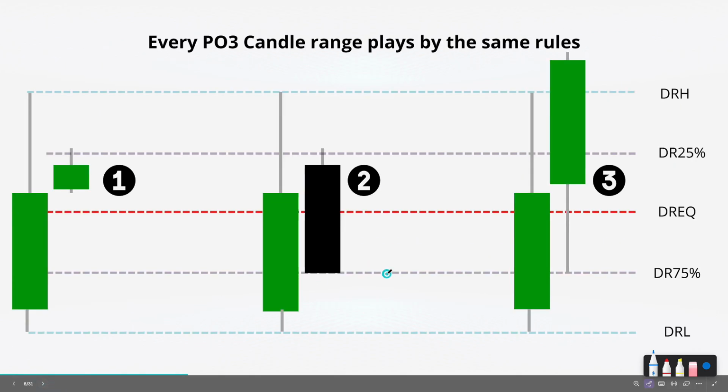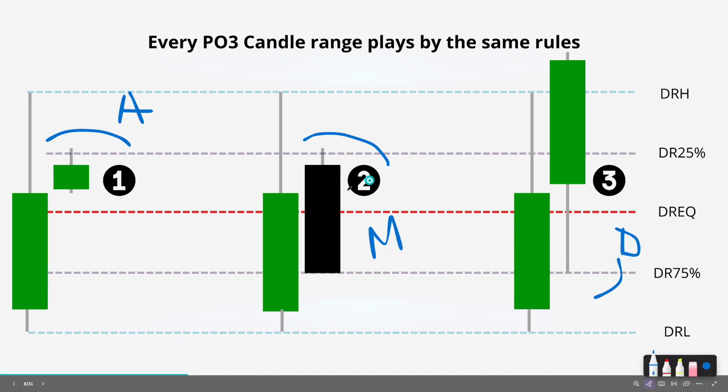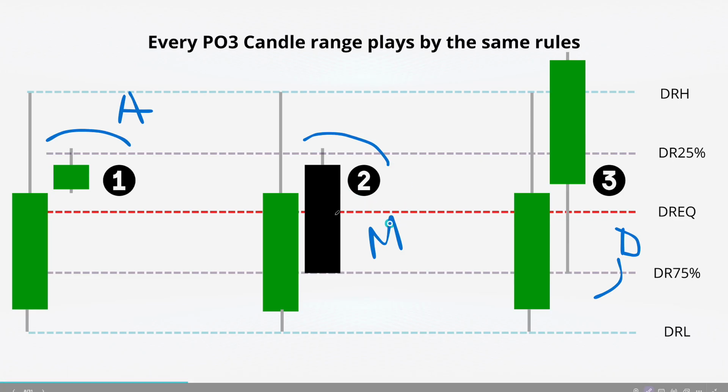And these are the three phases of the power of three: open, manipulation, and distribution, or accumulation, manipulation, and distribution. But in the second phase here, price looks very bearish.